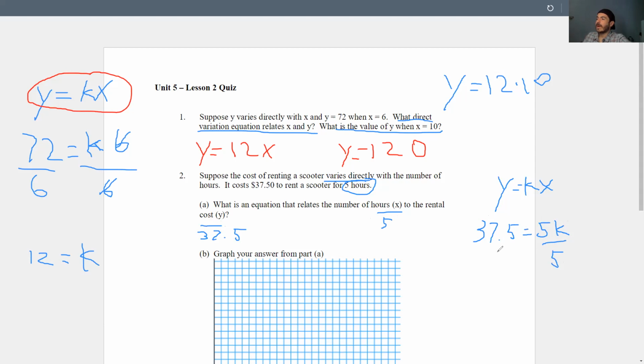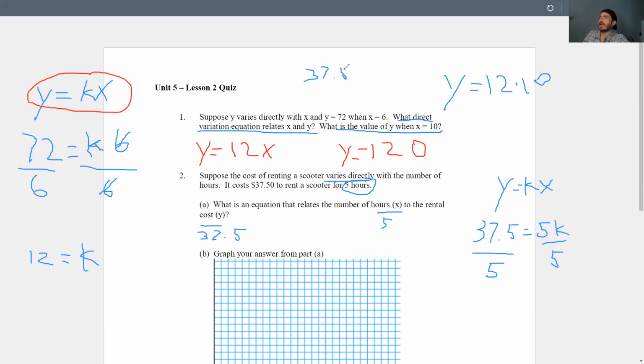I'm going to solve for my K. 37.50 divided by 5 is 7.15, I want to say. Let me do it the long way.